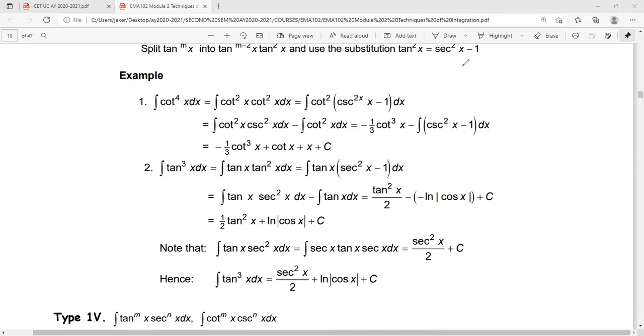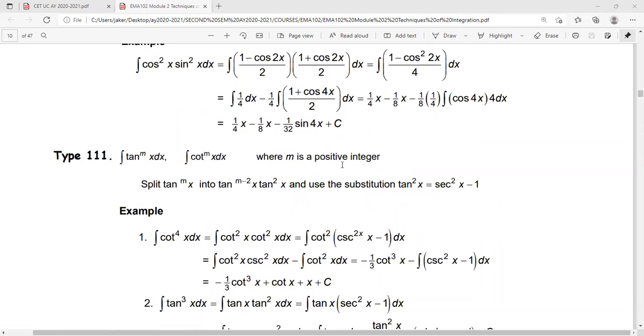What do you mean, Miss Ali? Just like this one. We cannot have a negative exponent. So for example, you're given the integral of tangent of x raised to negative 2 dx. It's easy.